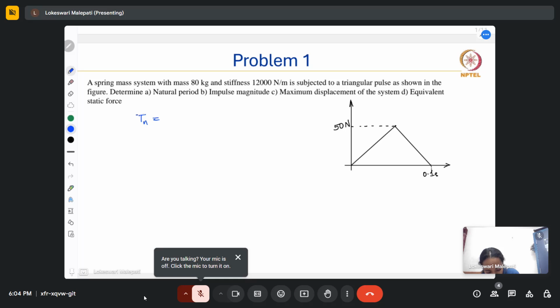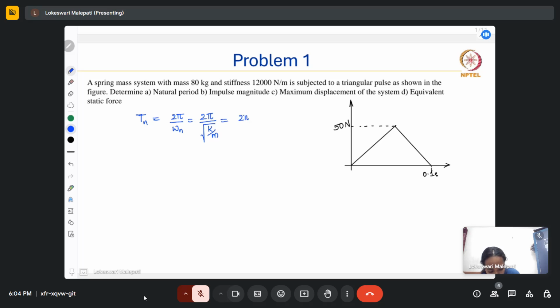Tn is equal to 2 pi by omega n, which is 2 pi divided by square root of k by m. So this would be 2 pi root m by k, 2 pi square root of 80 divided by 12,000.